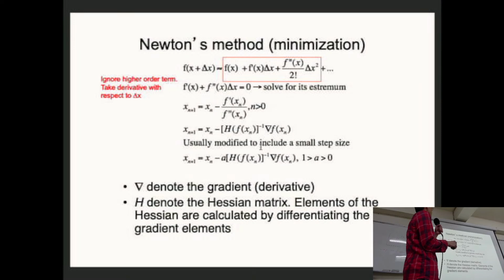So we can then take the derivative of this equation. This is f of x, a constant because it does not depend on delta x, so this disappears, and this becomes f prime of x, and this becomes f double prime delta x. Then we make the derivative equal to 0 and solve for the stationary point.